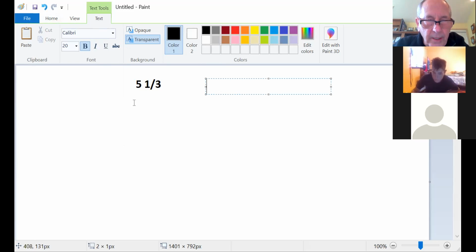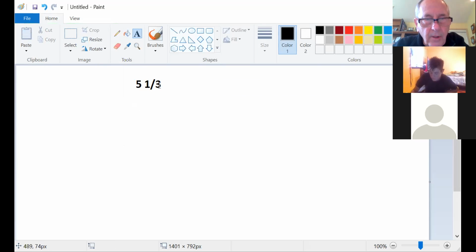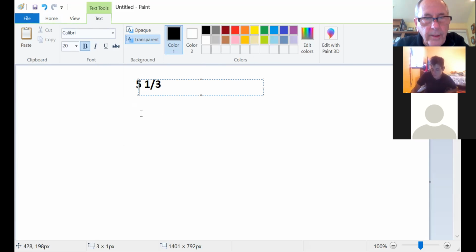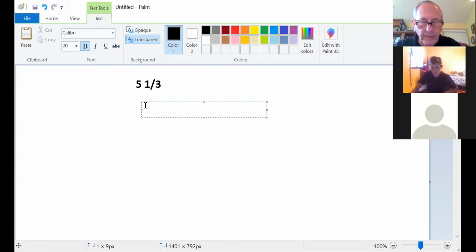And you convert this by multiplying the denominator times the whole number. So it ends up being like this, 3 times 5 plus the 1, the numerator, and that whole thing is divided by the denominator of the fraction. You should know how to convert all these.